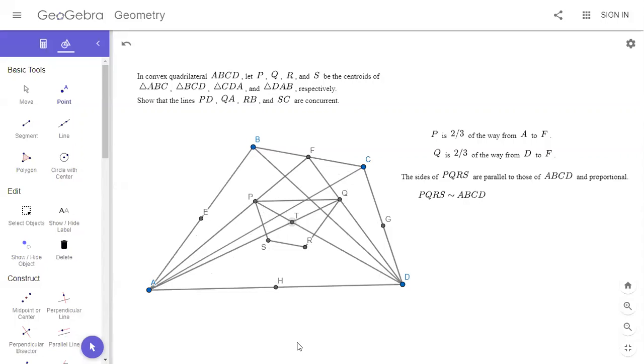Okay, so BR and BP cut AQ in the same ratio. And we can find that ratio using Menelaus.